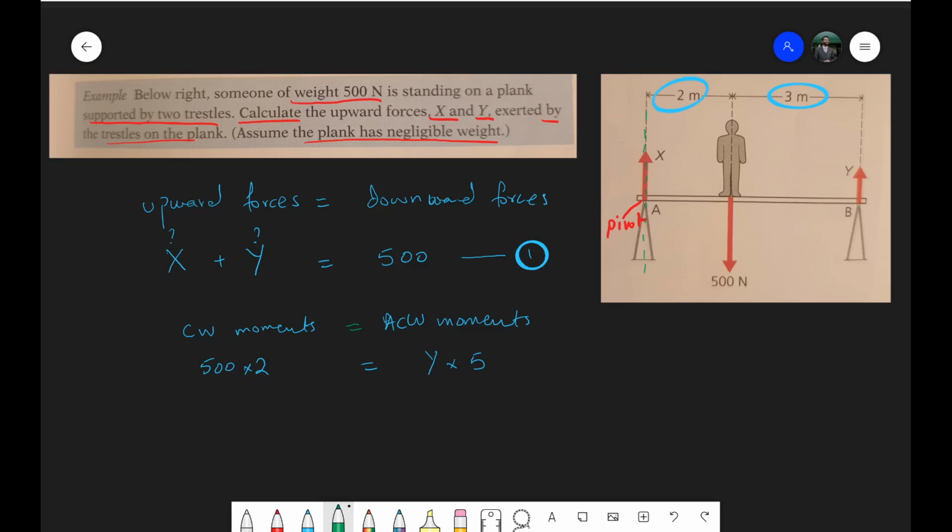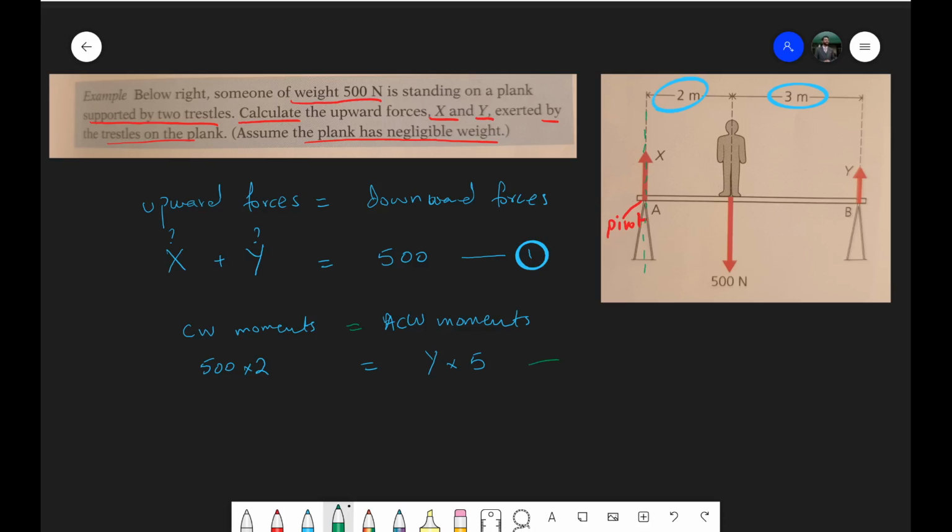Hence, the moment is also going to be 0. So even if you include the force X on either side of this equation, you have to multiply it by 0. So because it does not produce any moment, the distance is 0. That is why we don't need to include force X in this equation, and that is the advantage of choosing that point as the pivot where you don't know the force yet.